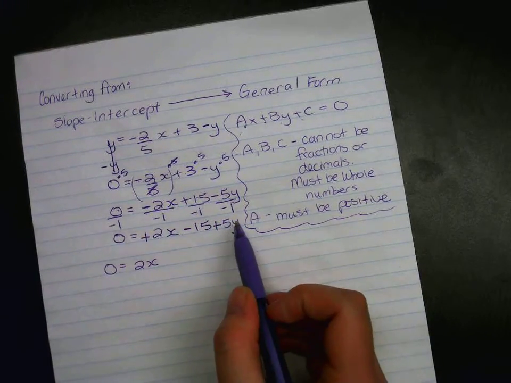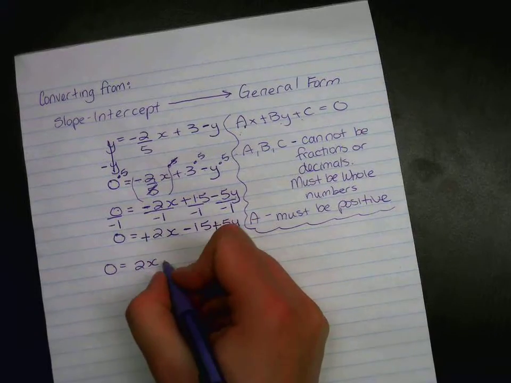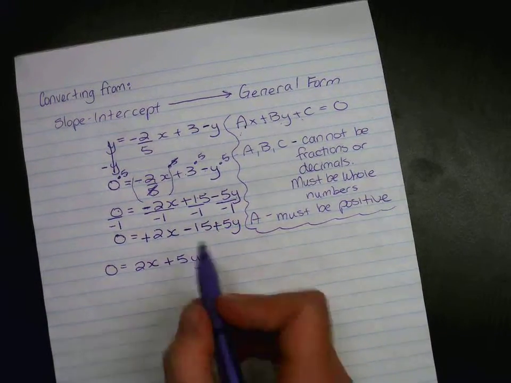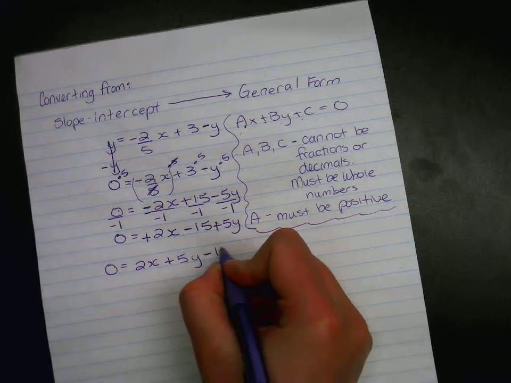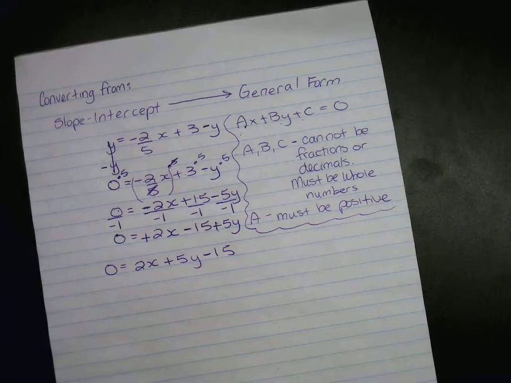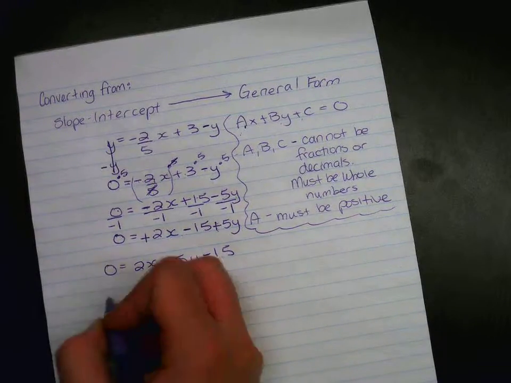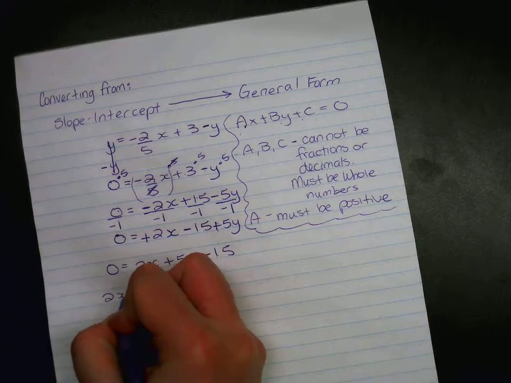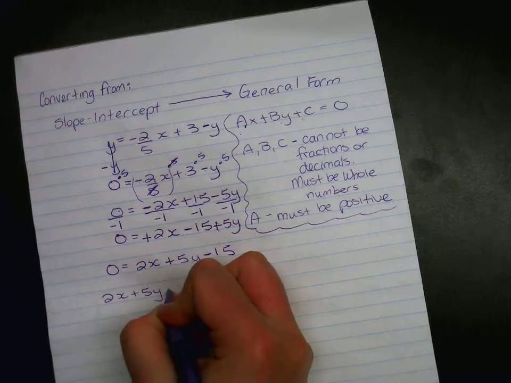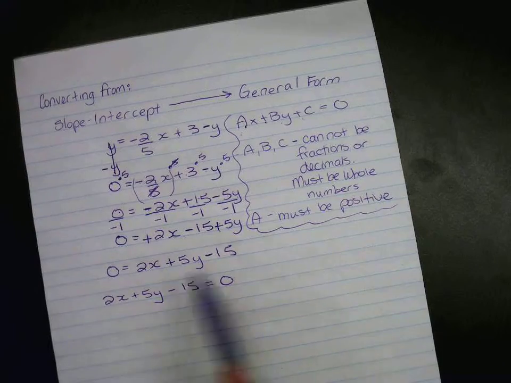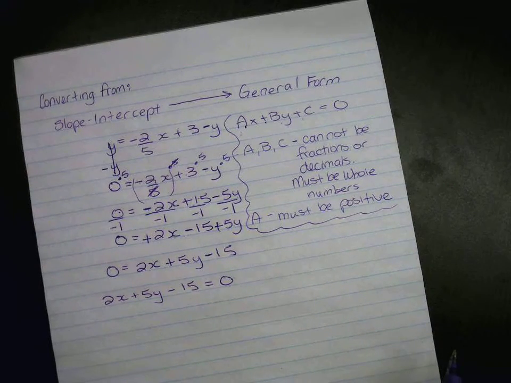The sign in front of the 5y is positive, so we can just move it into its place, and it's positive 5y. And the sign in front of the 15 is negative 15. If you prefer to have your 0 on the right hand side, you can always just write 2x plus 5y minus 15 equals 0, making sure our signs remain with our coefficients.